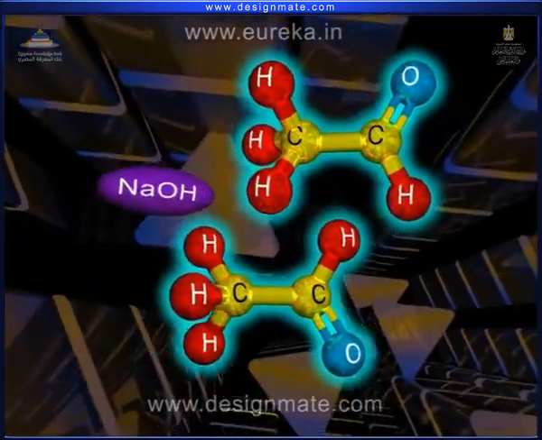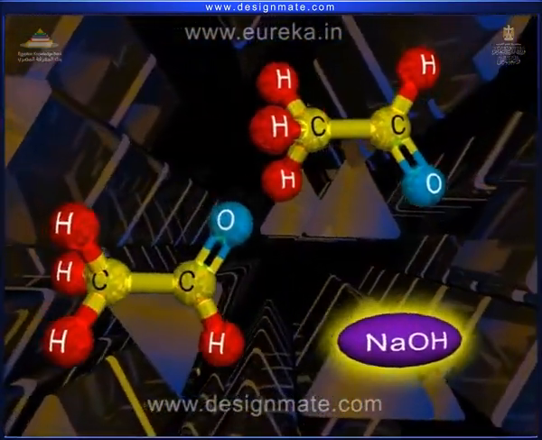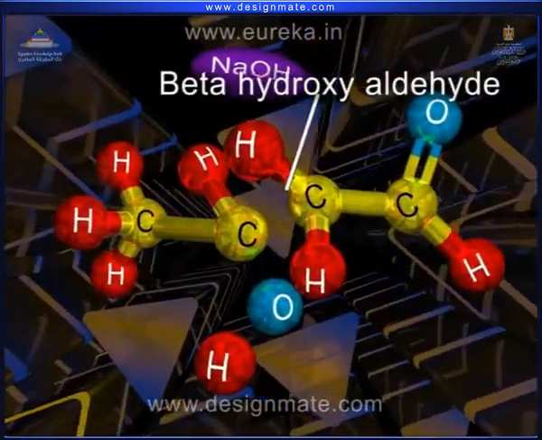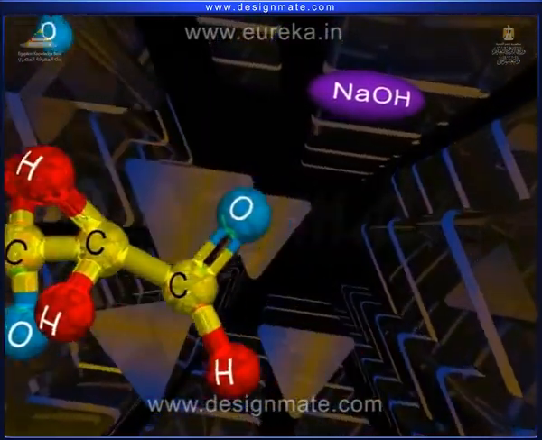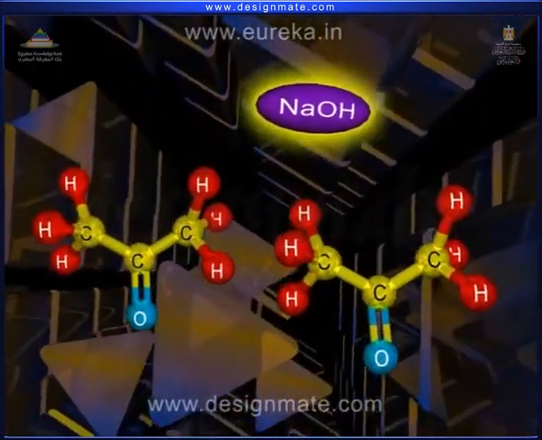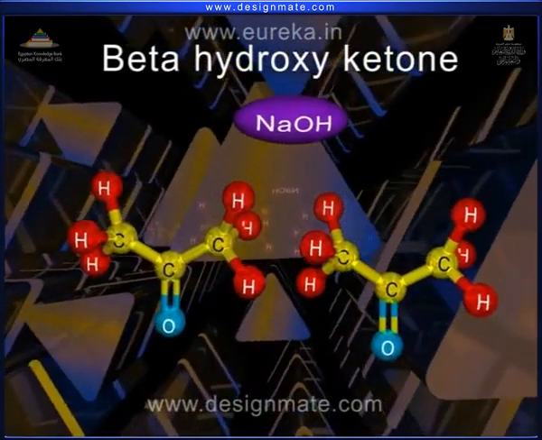For example, two molecules of acetaldehyde react in the presence of dilute NaOH to give beta-hydroxyaldehyde. Similarly, two molecules of acetone react in the presence of dilute NaOH to give beta-hydroxyketone.